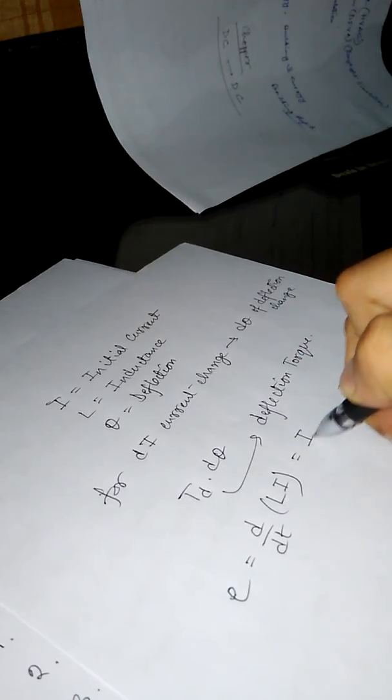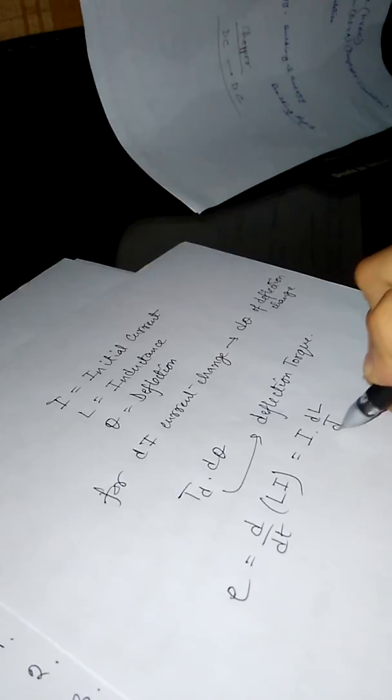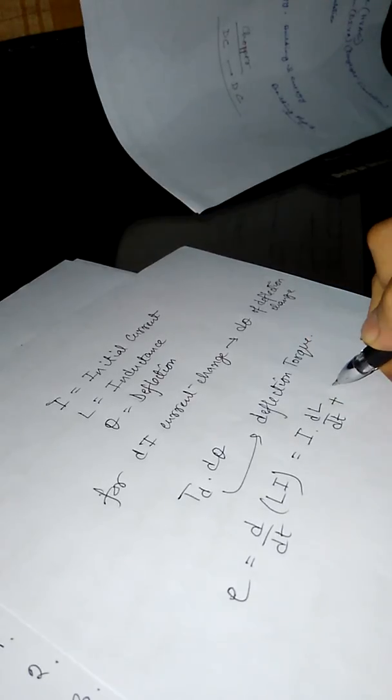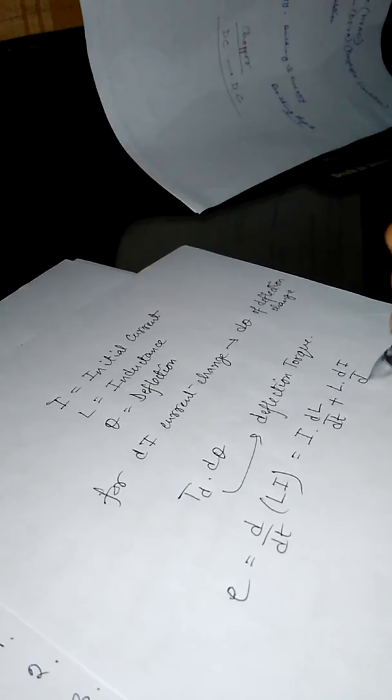That is E equals d/dt of Li, so that is I dL/dt plus L di/dt.